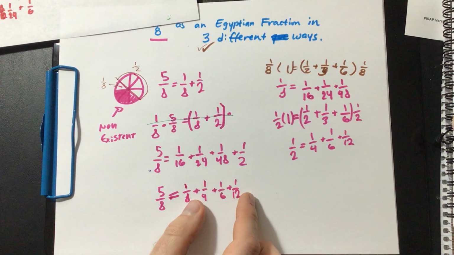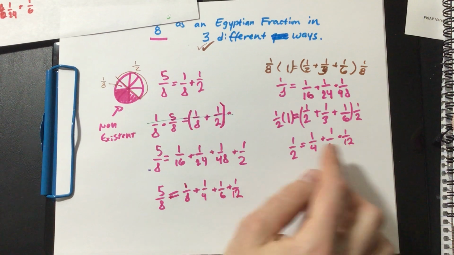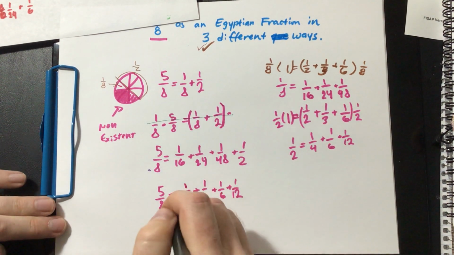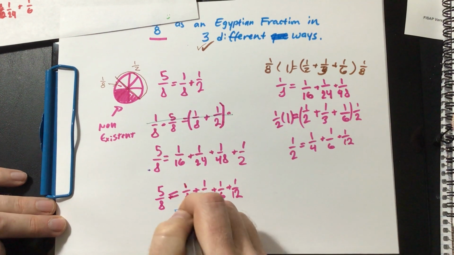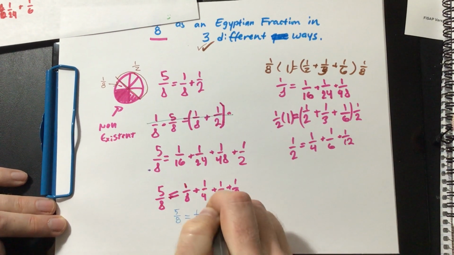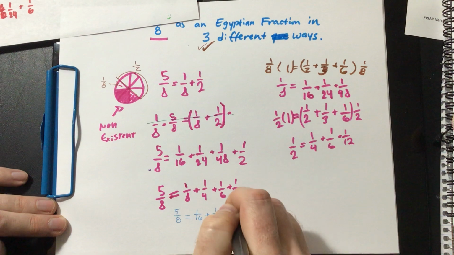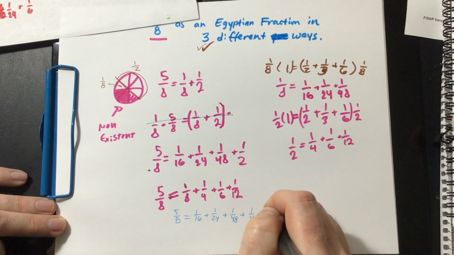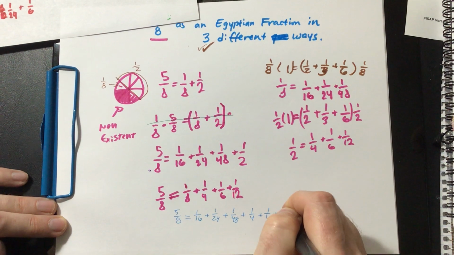Cool. So these three came from there. And I thought you were going to plug it into this one here. That would be very long and complicated. 1/16 plus 1/24 plus 1/48 plus 1/4 plus 1/6 plus 1/12.